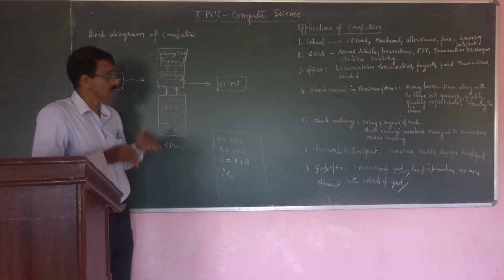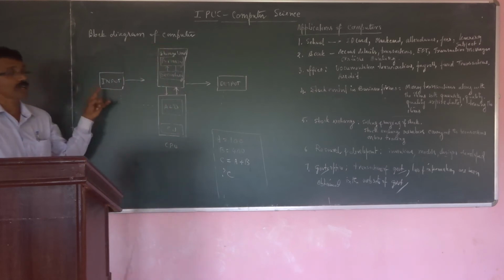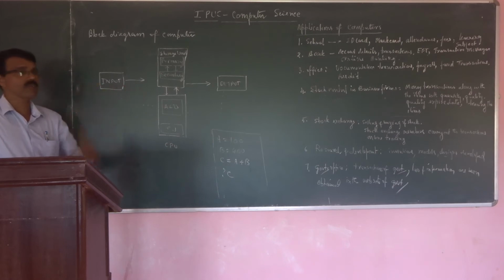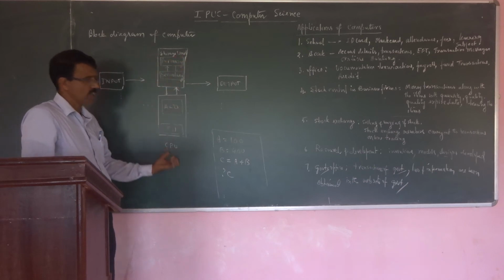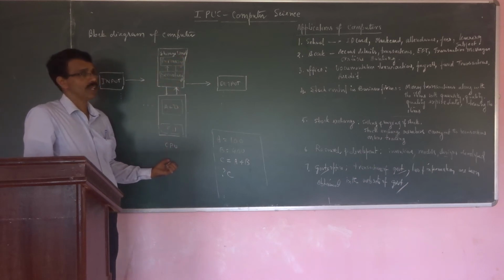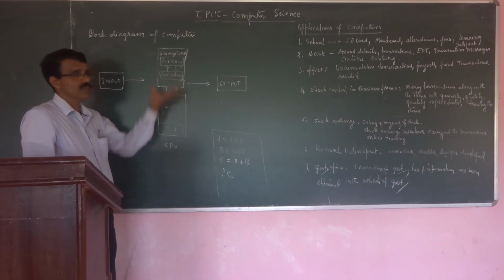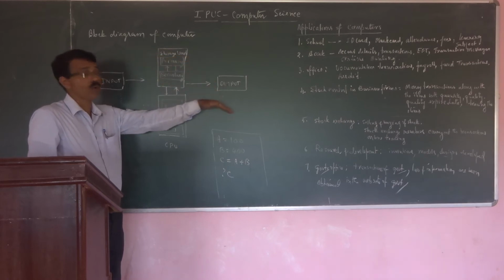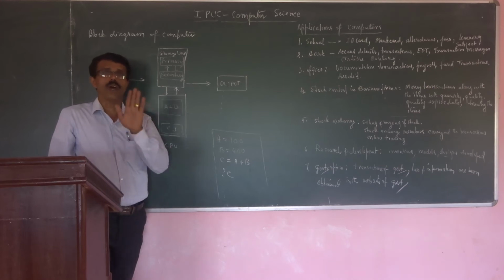But here the thing is, in order to process anything inside the computer, you have to furnish the data by the relevant input devices. Similarly, after processing by the help of certain internal devices, the processing devices, the central processing unit, it gives certain output, stores it, and sends output information to the output devices.